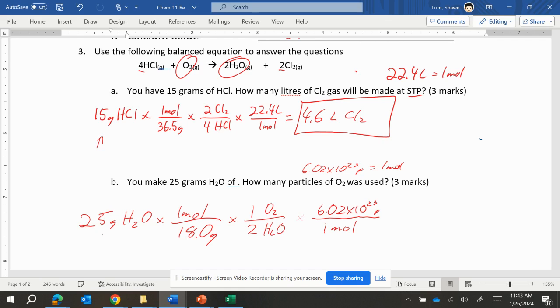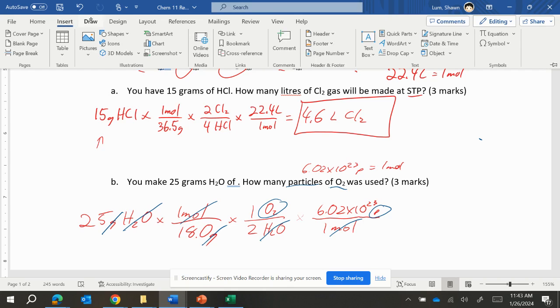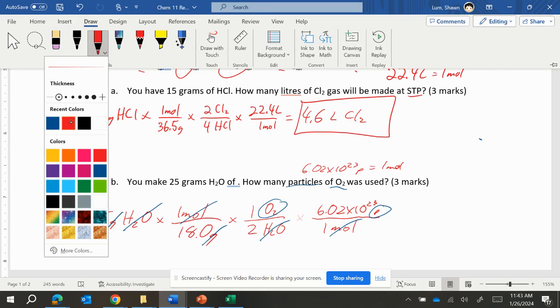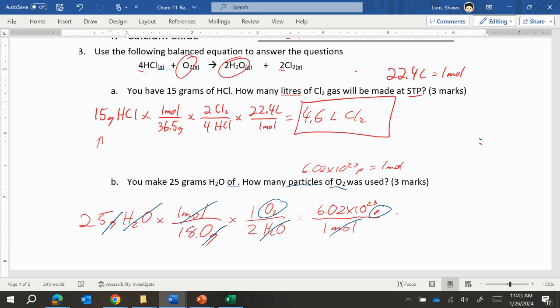Cancel your units. Grams cancels with grams. Water cancels with water. Moles cancels with moles. What's my unit that is left? Particles of oxygen. That's what I want. And so I make sure my units give me that.